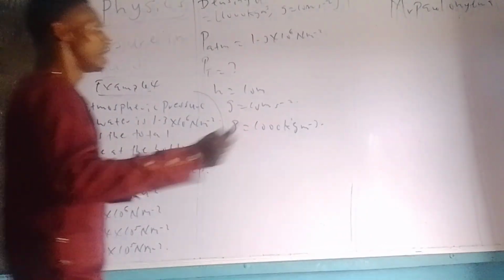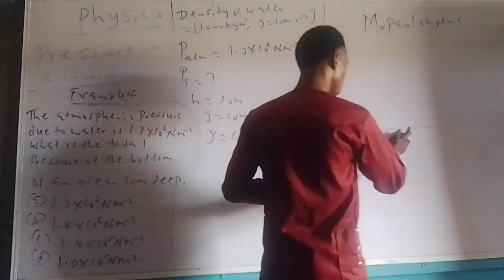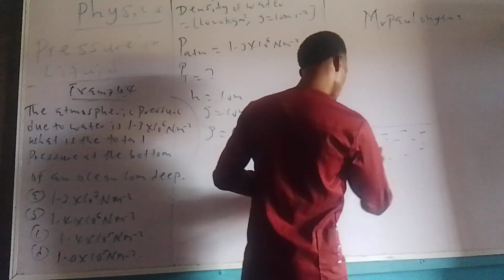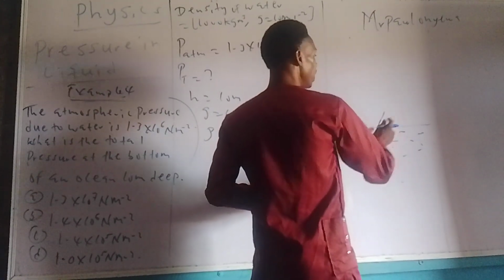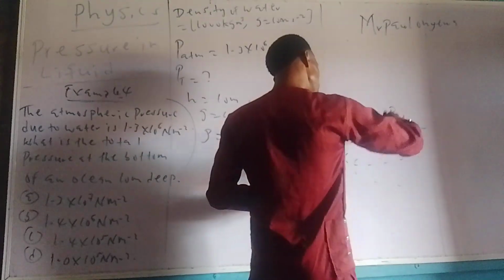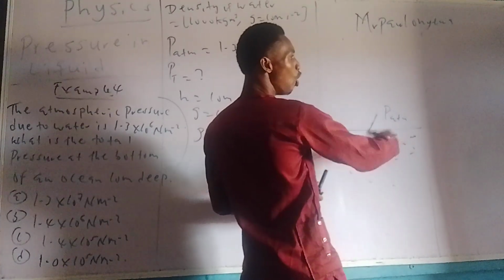Please don't forget. Let me use this to illustrate. Let me assume that this is the surface of the water, and these are the depth of this water. At this surface, the pressure is called atmospheric pressure. Below it is the pressure of that water or liquid.